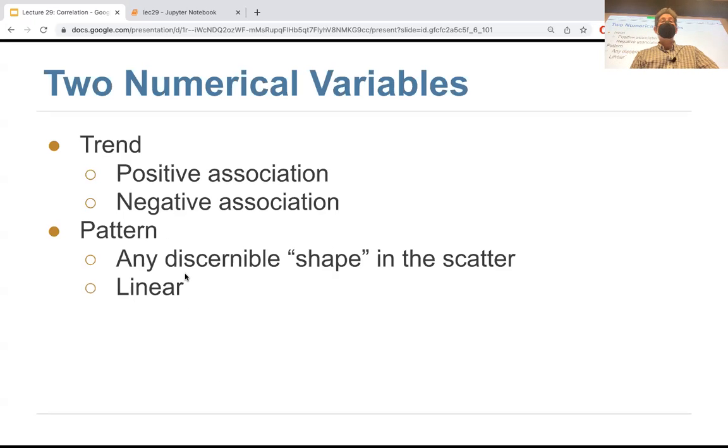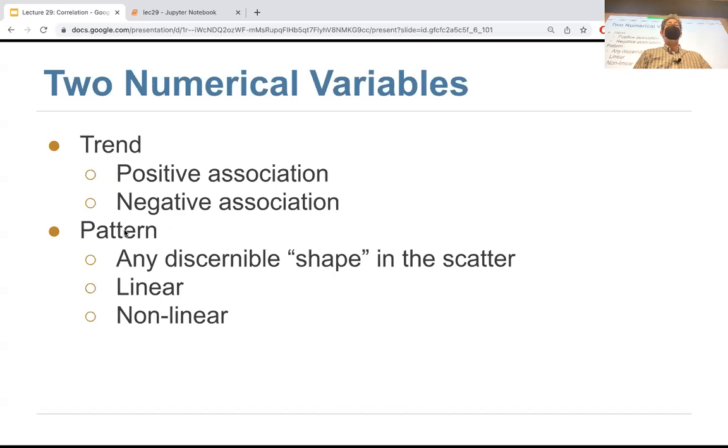When a pattern is linear, that means you can describe the pattern using just a straight line. And when a pattern is nonlinear, it means you can describe the pattern, but you have to do something other than a line in order to describe it. So you have to use a curve or maybe some kind of cyclic pattern, Monday, Tuesday, Wednesday, Thursday, Friday, etc., in order to describe it.